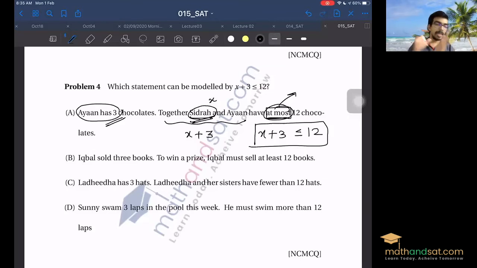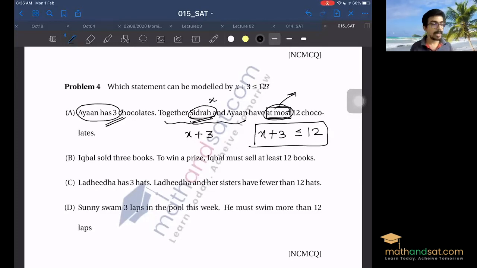Together, they can have at most 12 chocolates. So put together, their number will be 12 or less than 12. It cannot be greater than 12.